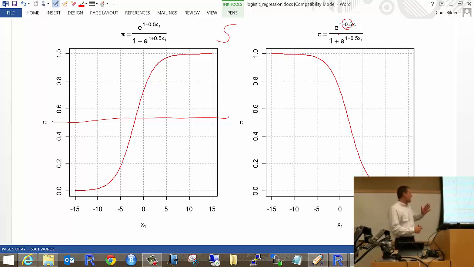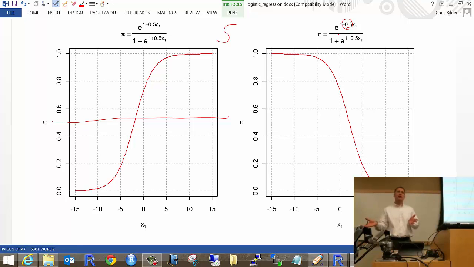So, that's what our model looks like. And again, the reason why we're looking at this model is because we're going to look at how we can make a judgment. Should this observation be classified as a success, or y equal 1, or should it be classified as a failure, y equal 0?